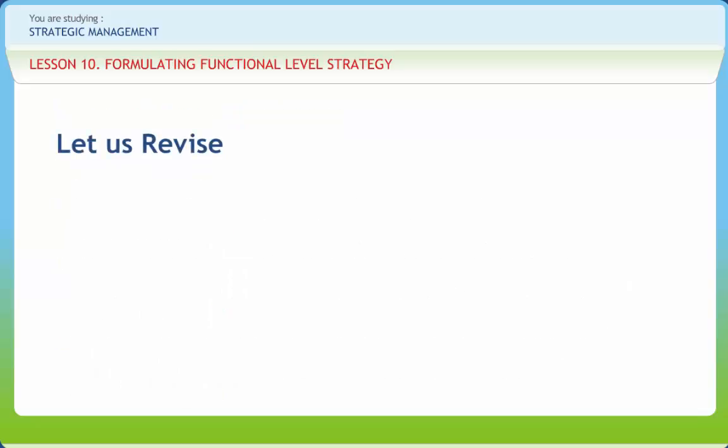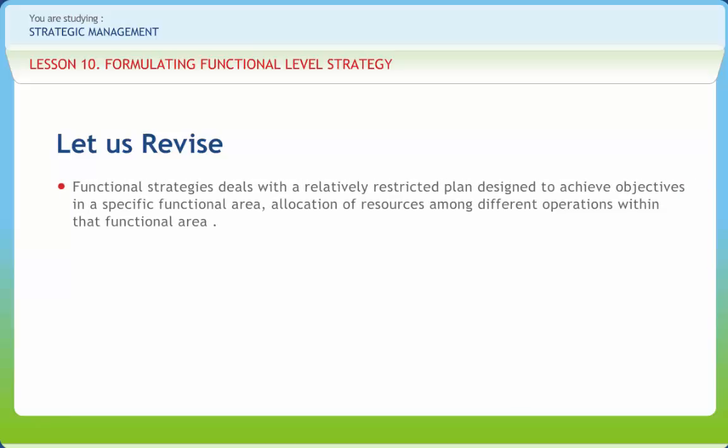Before we end, let us briefly revise what we have studied till so far. Functional strategies deal with a relatively restricted plan designed to achieve objectives in a specific functional area, allocation of resources among different operations within that functional area, and coordination among different functional areas for optimal contribution to the achievement of business and corporate level objectives.